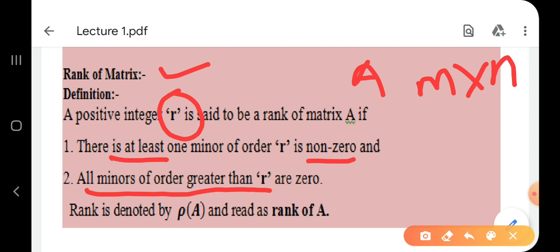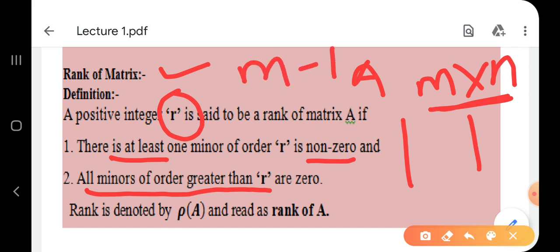Now what is meant by minor? Minor means determinant. Just like I have here an m by n matrix, right? Now delete one row and one column, I get m minus 1 by n minus 1.